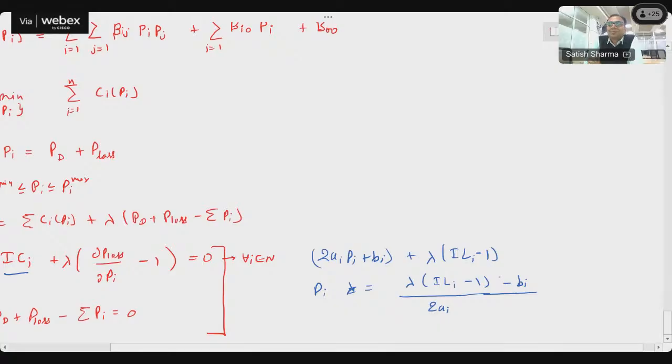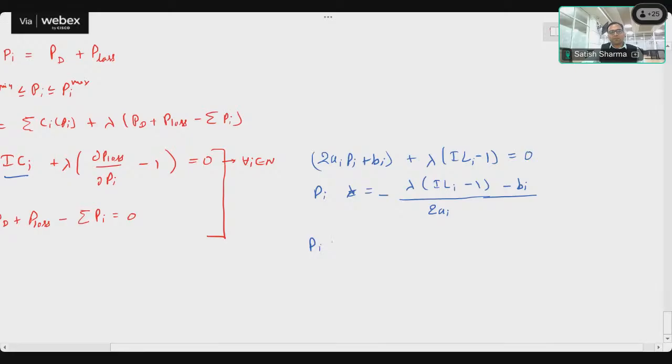No, this is wrong. Look at the equation again and tell me where the mistake is. It's quite obvious, I think. A minus sign should be there, right? Because we have to make it equal to 0, and if I solve for Pi, then there will be a minus sign. So Pi is nothing but, minus minus will become plus.